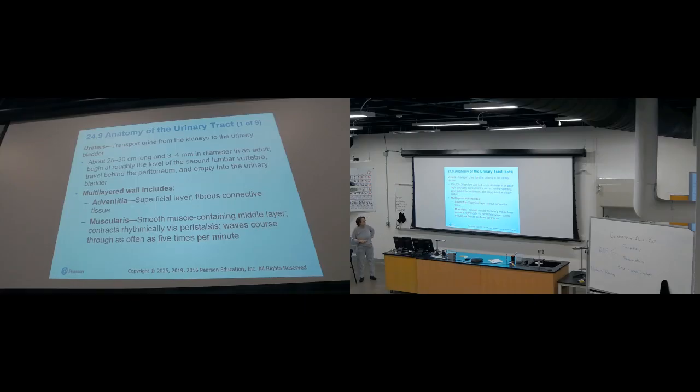And then the next layer will be the muscularis layer, where you have a circular layer and then a longitudinal layer, and this layer is made out of smooth muscle cells that contract and relax to transport the urine through peristalsis. And then the last layer will be the adventitia, which helps to connect these ureters to the surrounding tissue. It's made out of fibrous connective tissue. And the movement of peristalsis, the contraction and relaxation, happens 5 times per minute.